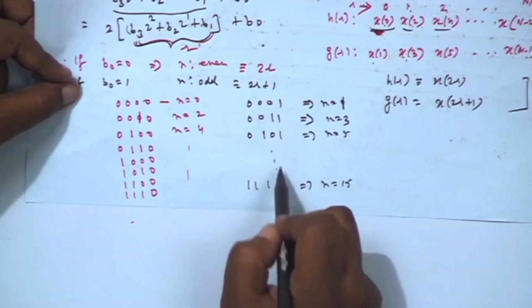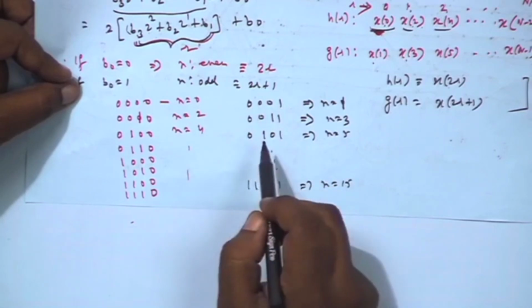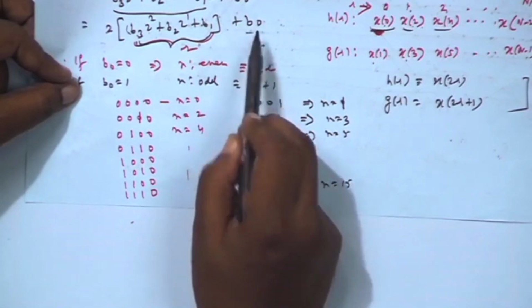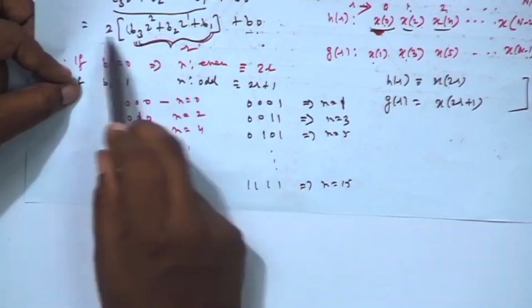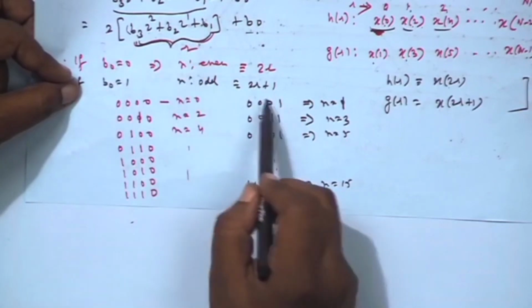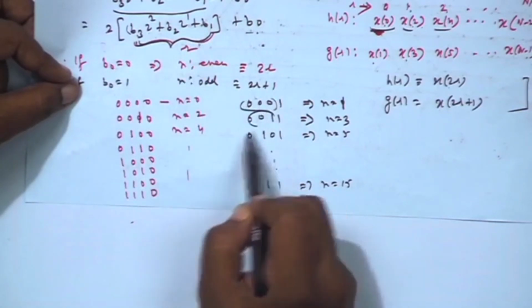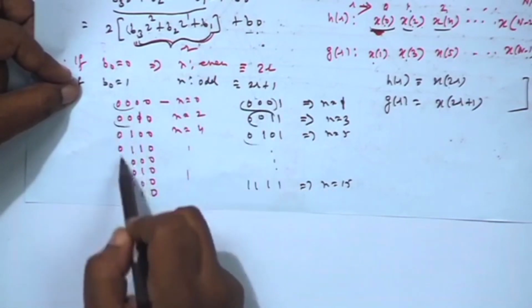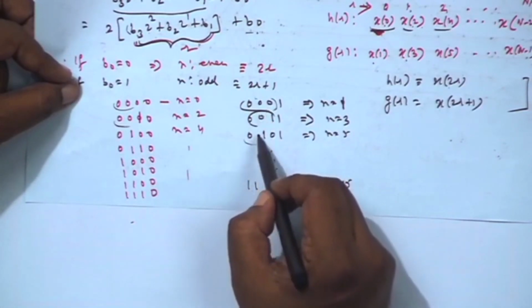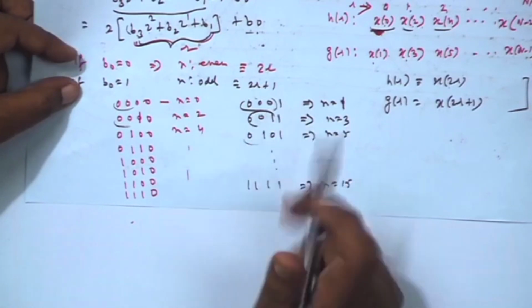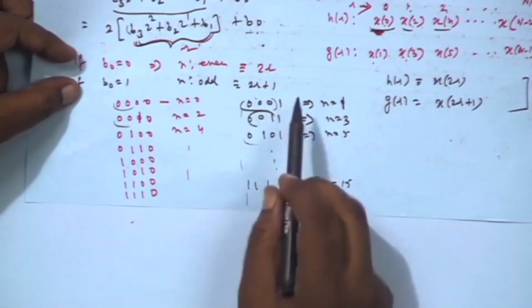Here the last bit is 1, that is why it is odd. So the B0 is 1, and the remaining part B1, B2, B3, if you take the 2 out, these 3 digits will take 8 values, in ascending order 0, 1, 2, 3, like that. So I hold them, okay.